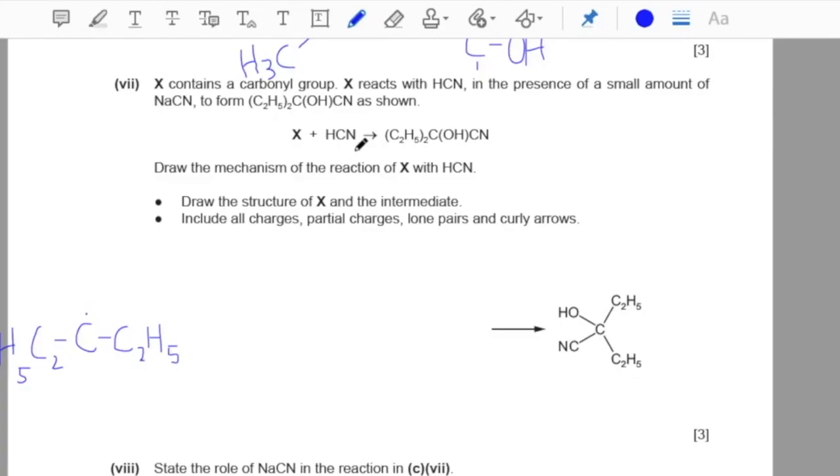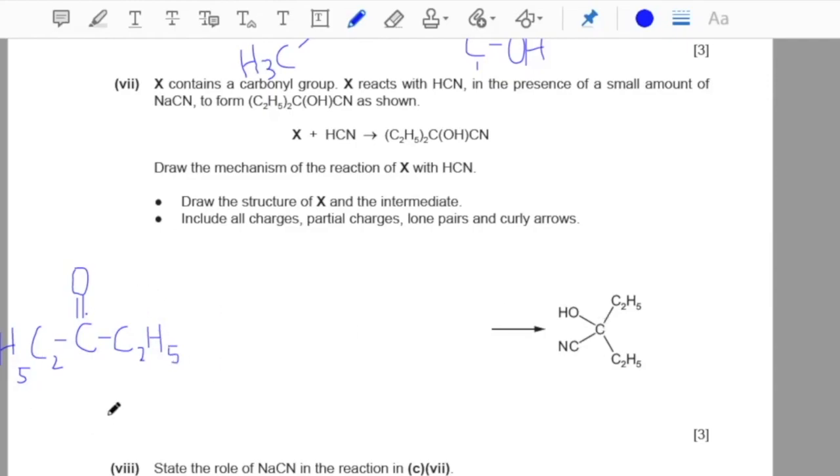When that reactant reacts with HCN, it produces a hydroxyl group as well as a cyanide group, which means a ketone must be there, because when a ketone reacts with HCN, this bond will break and H will be attached to it, and then a cyanide group will be attached to this carbon to form the cyanohydrin.